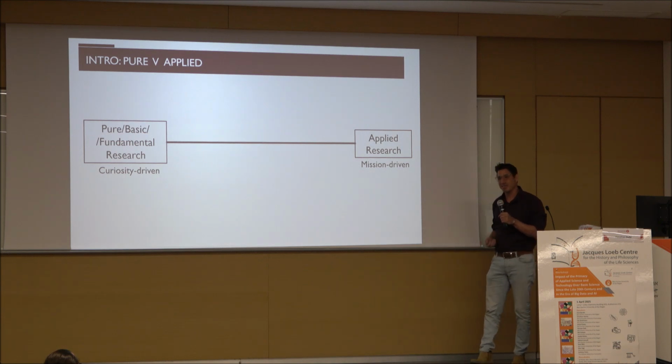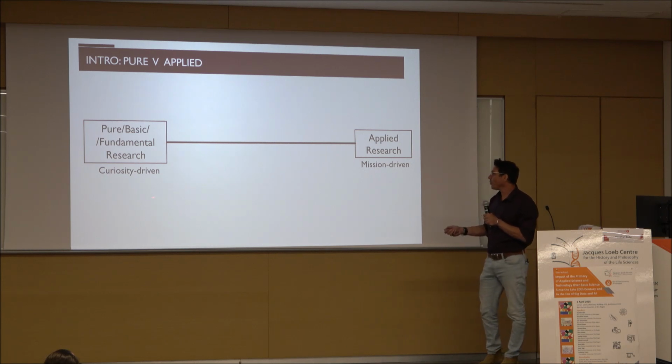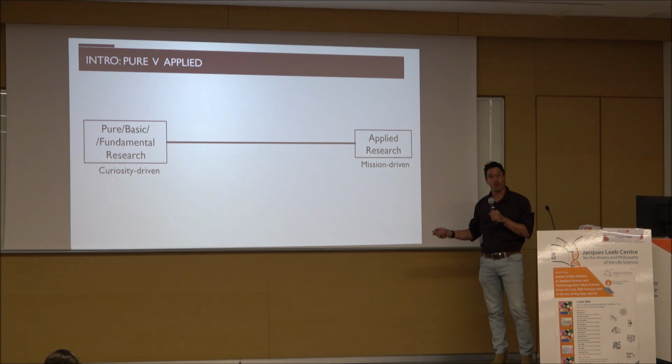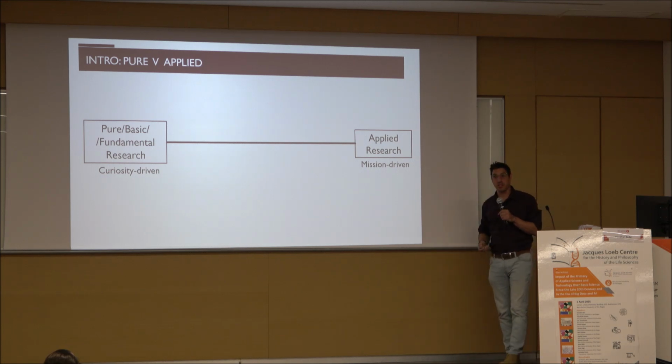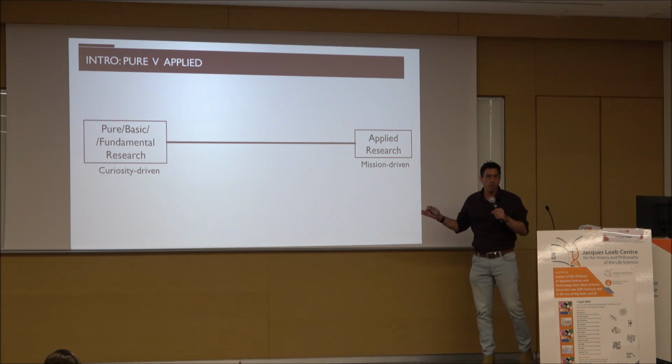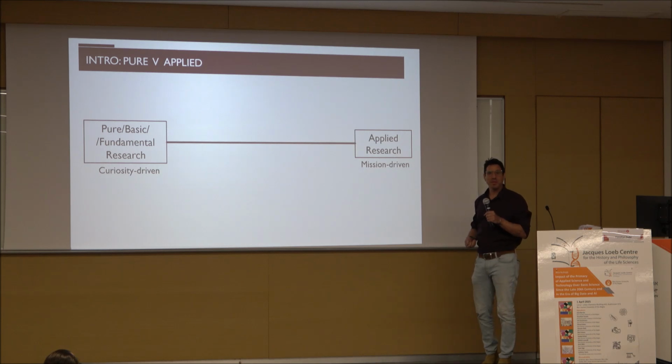We are lucky enough that someone is paying us to do that. So pure basic fundamental research is curiosity driven, and applied research is driven by a mission. Right? What the mission is, who knows? It can be an infinite number of things, but the mission is driving the research, not the curiosity.